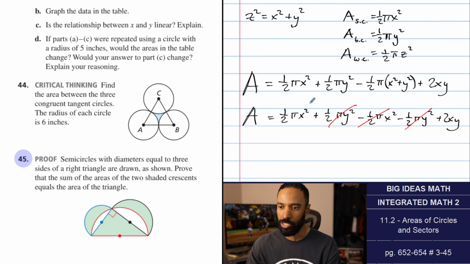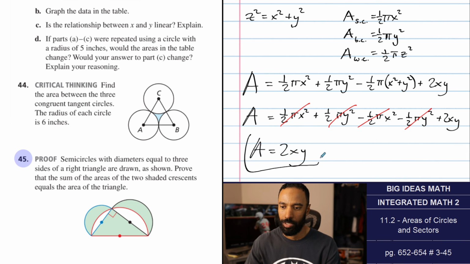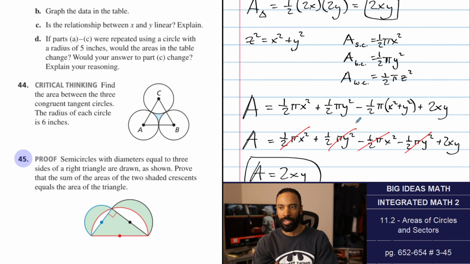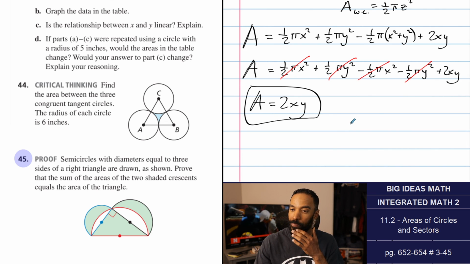These cancel, you're left with 2xy, which matches what we had before right there. And that's just how I'm using the letters there. And it shows that they're the same.